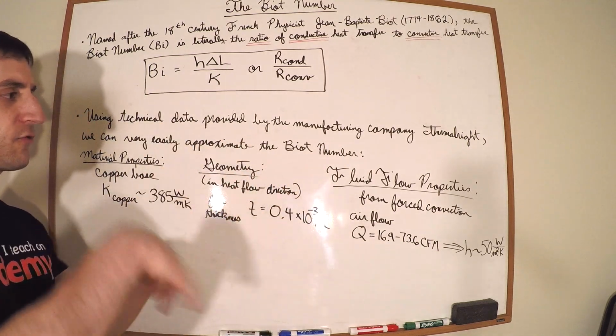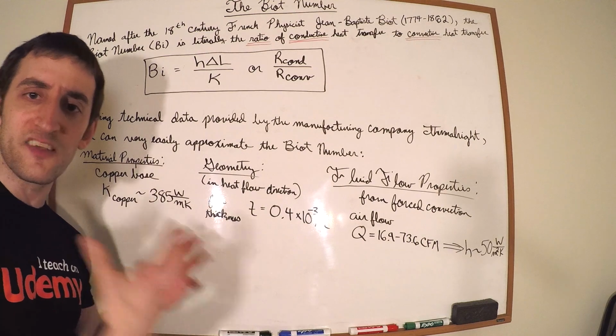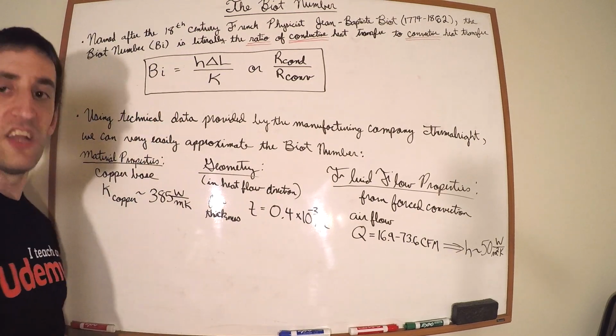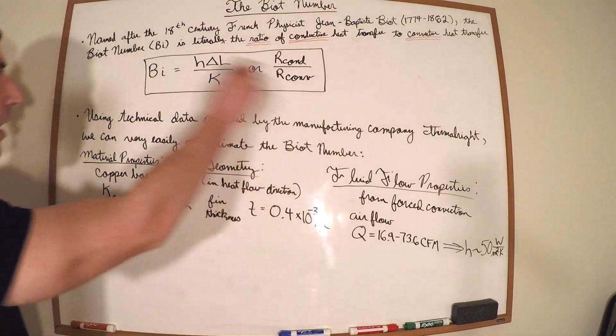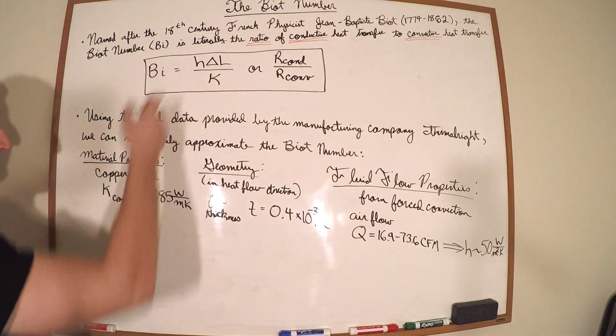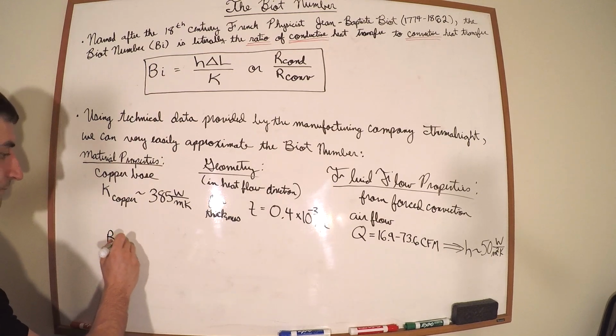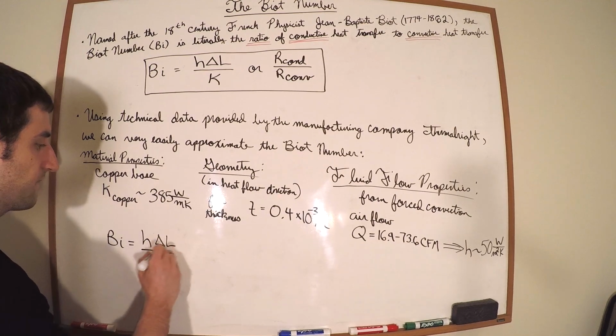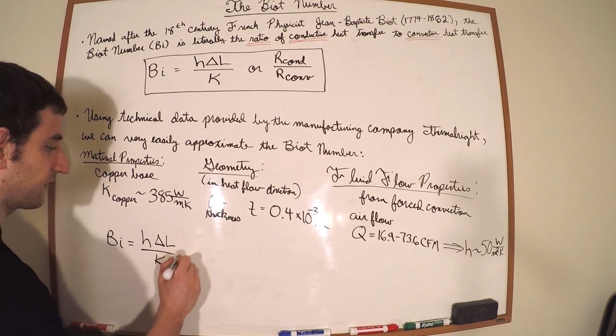So we got all these numbers, we got all these parameters, we can attain them from experiments. If we want very accurate numbers, what we need to do is just plug and chug. Take these numbers, plug them in here, get a value. So if we do that, we take the Biot number. We know the Biot number is defined as h delta L over k, the thermal conductivity.